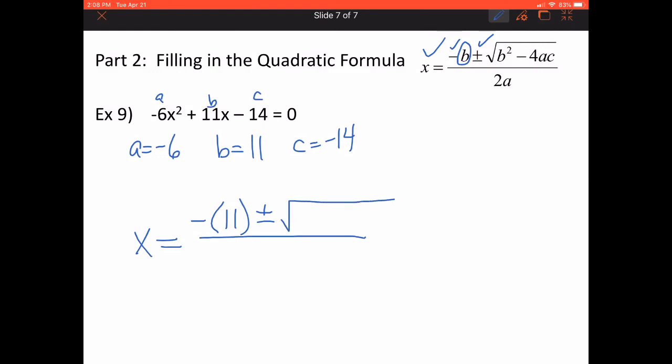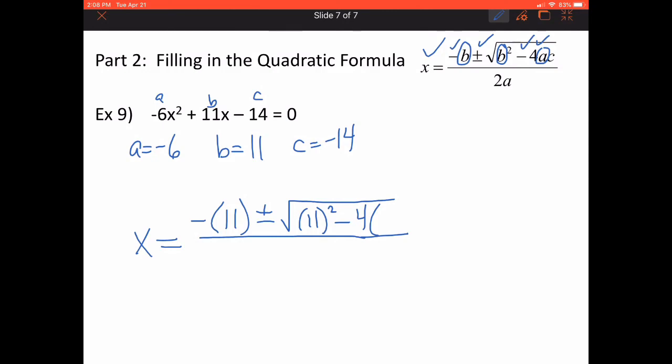It had a b that was squared. So b was 11 squared, and I always put parentheses there. Minus, that's just a part of the formula, and then -4, again, a part of the formula. Next to the 4, I'm multiplying by a, so every time I'm plugging something in, I'm putting in parentheses.